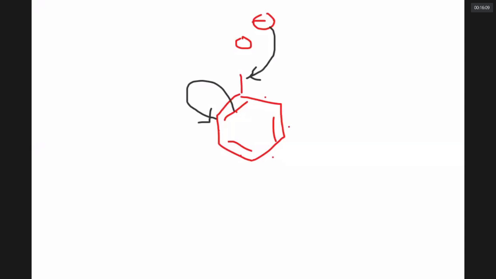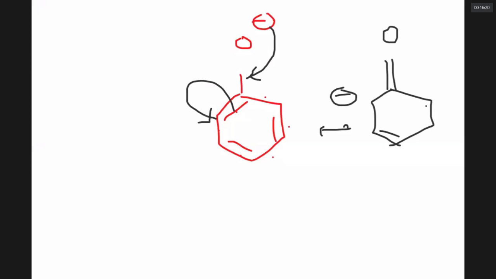You can't keep a structure like O double bond, C double bond. Now the negative charge has shifted from oxygen to carbon. Again, if the negative charge comes in between these two carbons, the pi bond will become the negative charge.